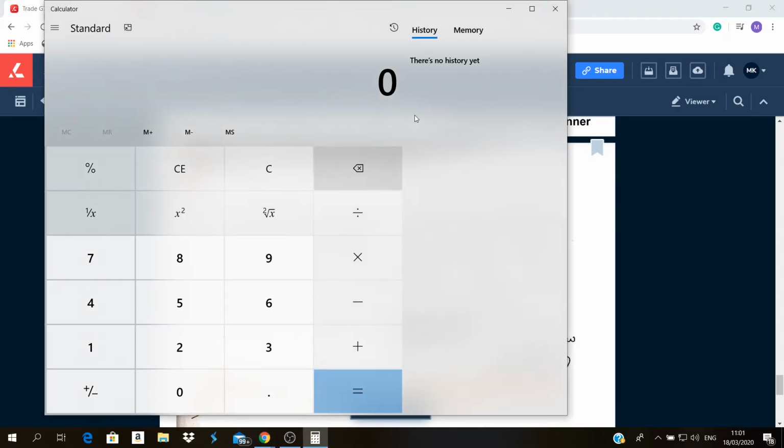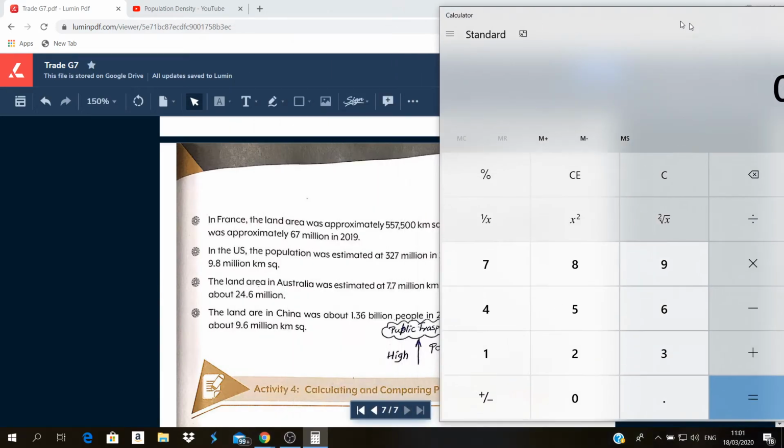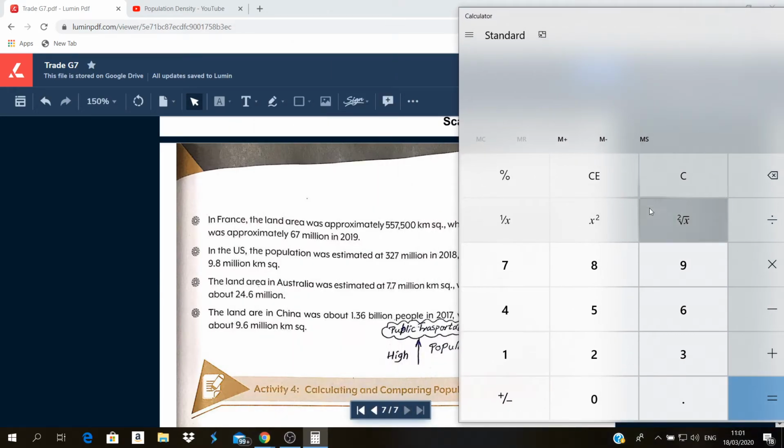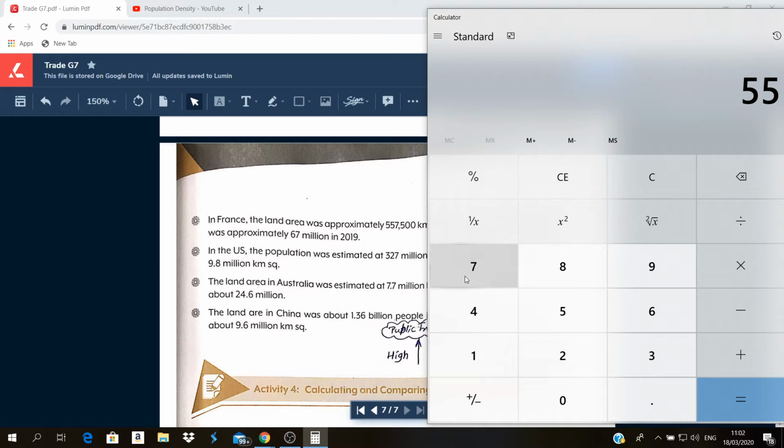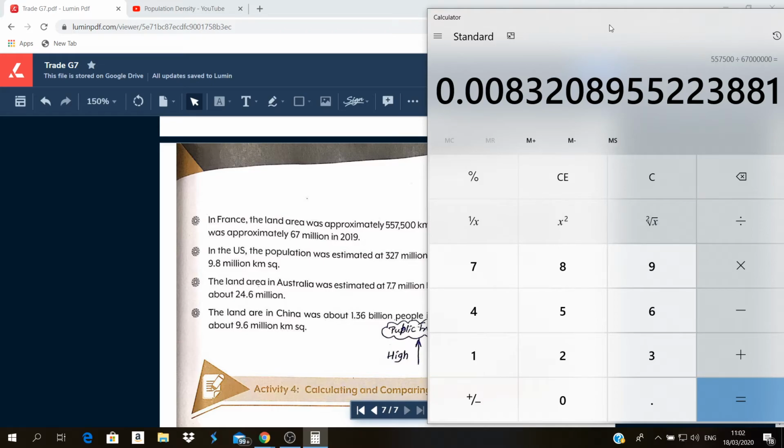Let's calculate this. Let's take the area, which is 557,500, and divide it by the population, which is 67 million, 6 zeros. Okay. Let's see the answer.